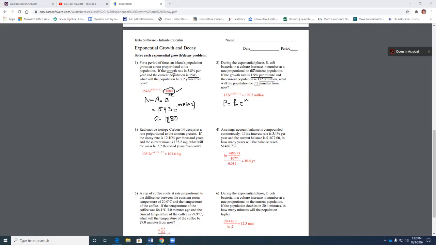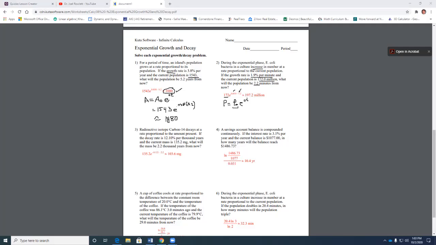And notice that the current population is 172, so we would plug that in here for P naught, which is what they did here. And then of course c is 1.9% as a decimal, which would be 0.019. That's where they got this from. And then, of course, 7.2 is in minutes, so that's the time.